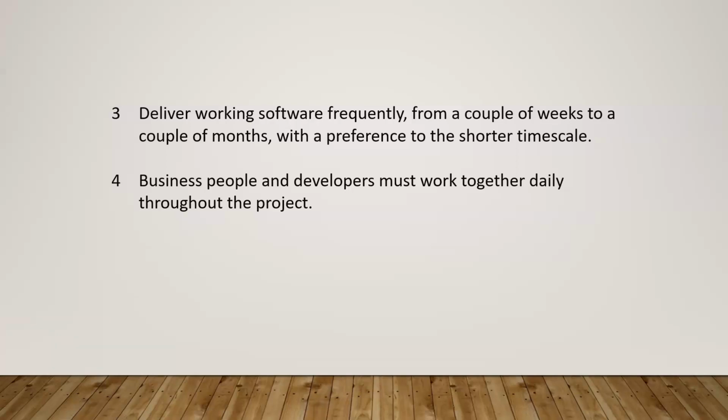They will be representing the business, and they will be working together on this project. That means there will be interaction going on between the business people and the developers. So they must work together daily throughout the process. That will happen. That's what actual Agile wants to convey here.